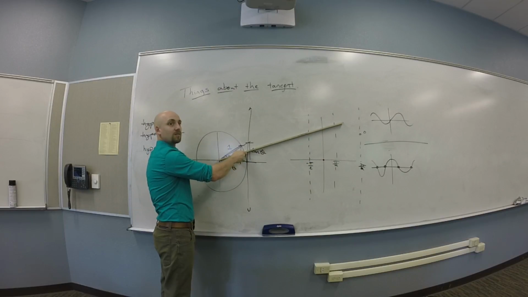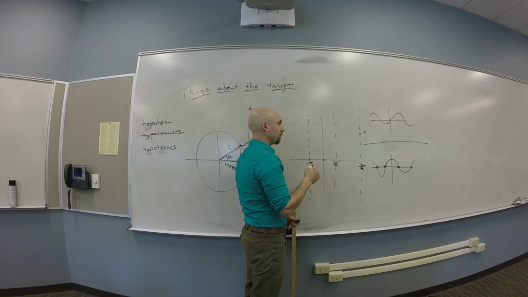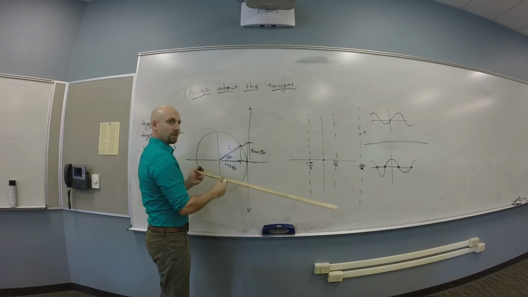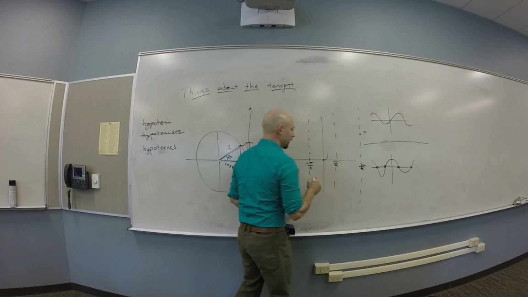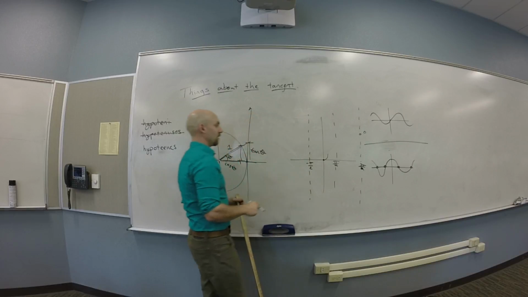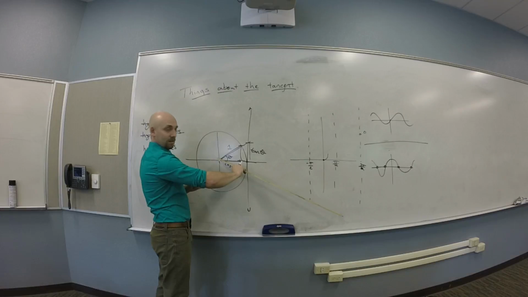It's going up. It starts slow and then speeds up. So it's going to look something like that. And if I go down, it's the same thing, just reflected across the y-axis, but negative.